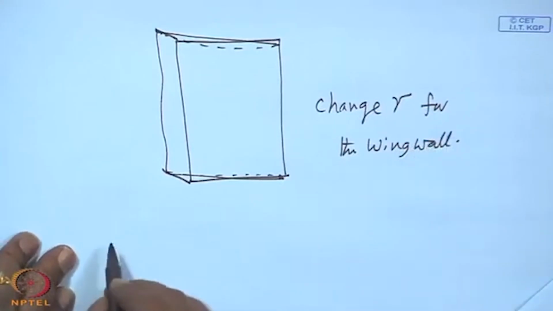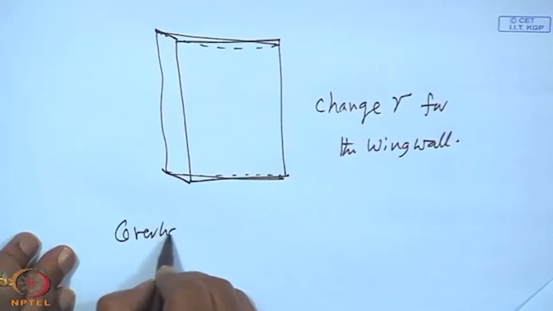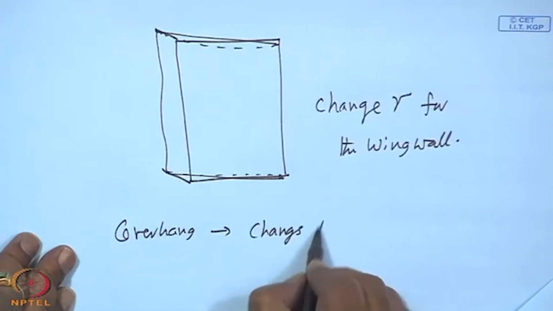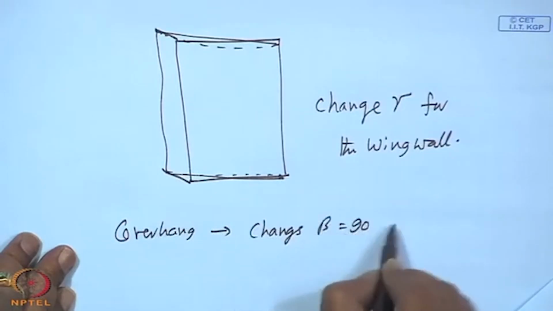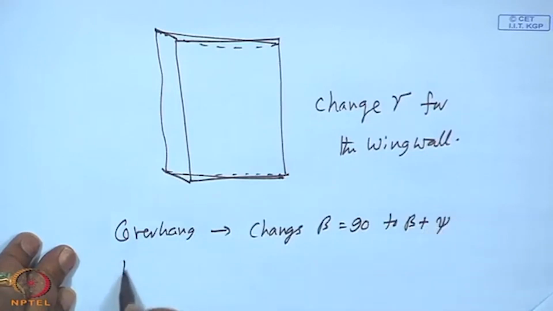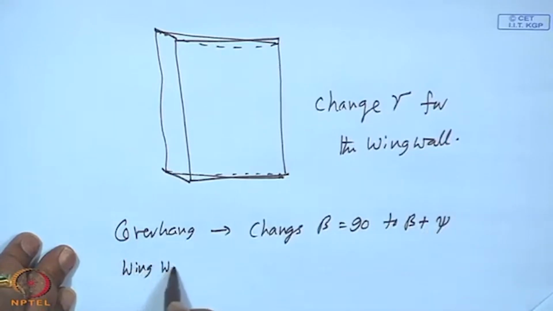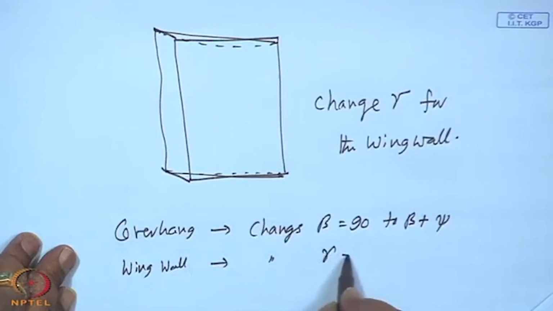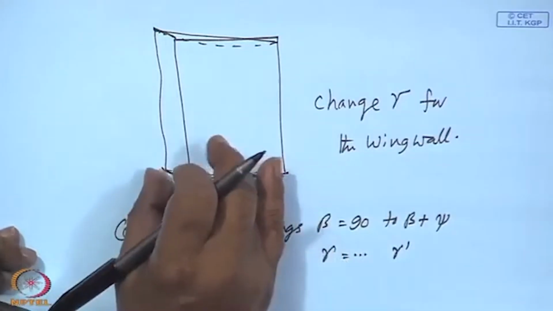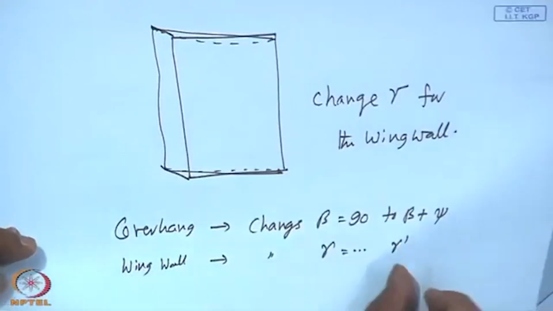Essentially, you can summarize: overhang changes beta, and the wing wall changes gamma to some gamma dashed, which you can easily calculate because you know the projection of the wing wall and the width of the window.